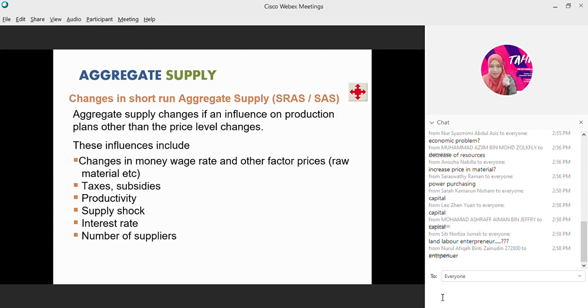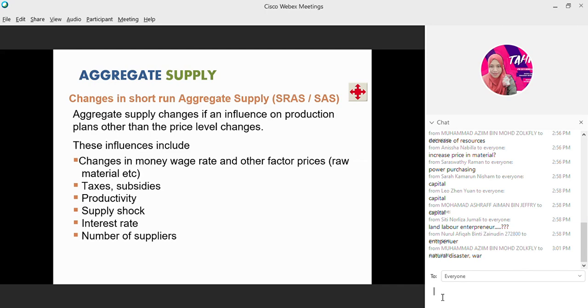That is positive, which will give good impact to production. Negative supply shock means natural disaster and war. We are facing difficulty in availability of resources.